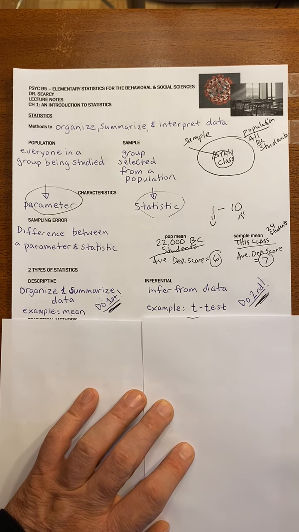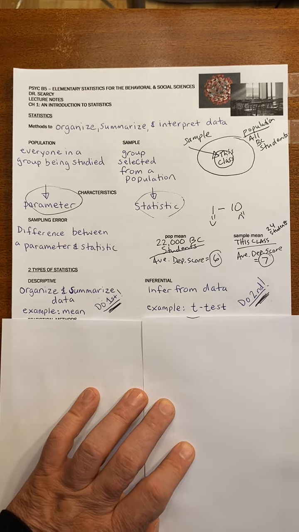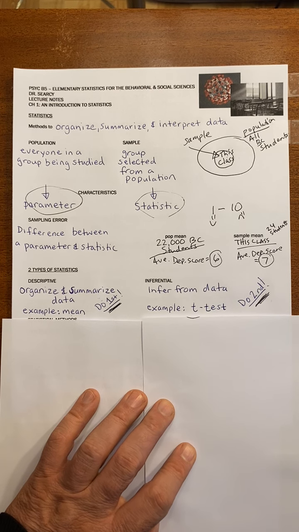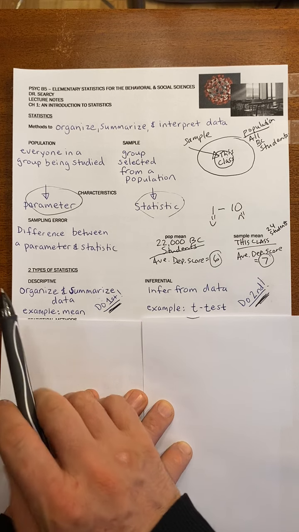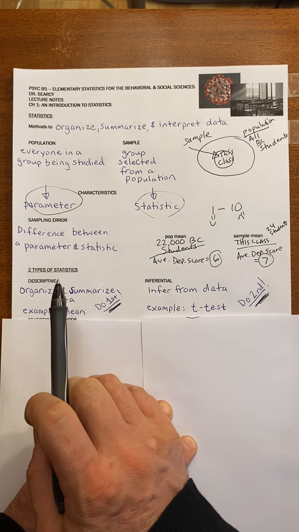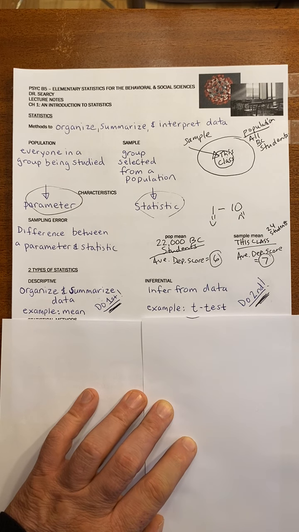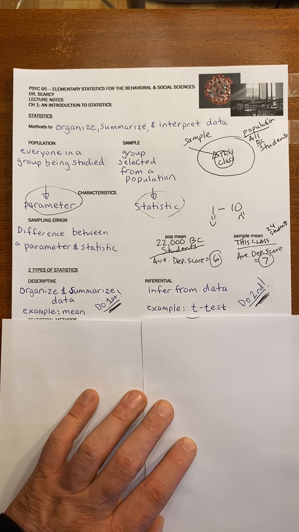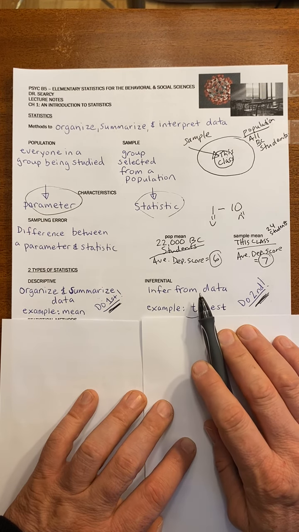Now, I don't want to go too much into either of these two types of statistics. These are basically what we're going to learn about this semester. I'll just give you a sense of how we're going to learn about them. We're going to spend the first couple of weeks learning about descriptive statistics, what kind of descriptive statistics there are, why we do them, and how we do them. But then after we've covered that, I think it's after chapter 6, then we're going to move into the inferential statistics.